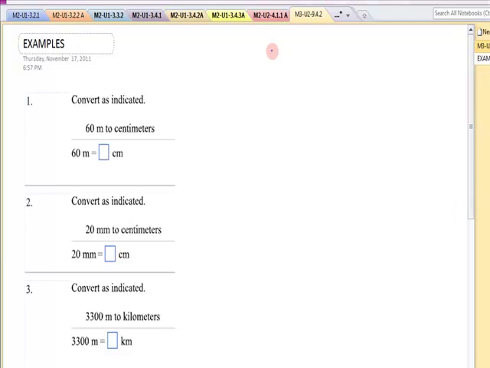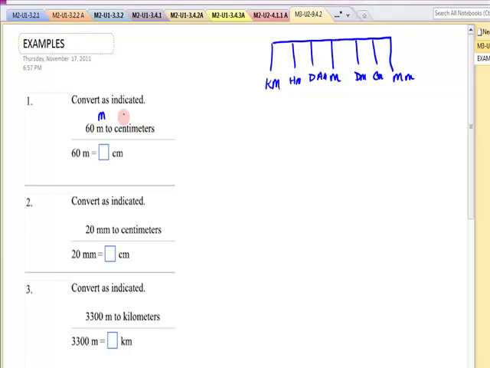All right, I'm going to put my chart up here at the top. All right, this is meters. King Henry dances, double, circles merrily. Add the M's for meters. Okay, here we go. The first one, 60 meters to centimeters. Okay, meters to centimeters.